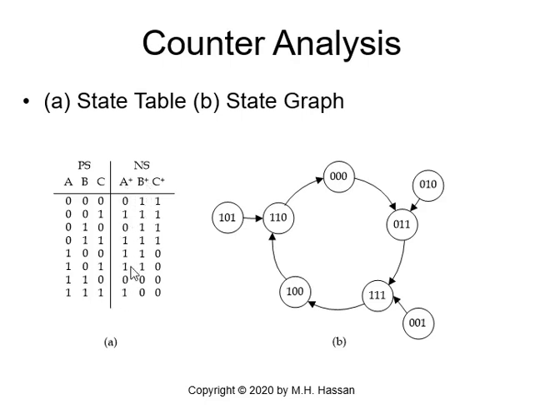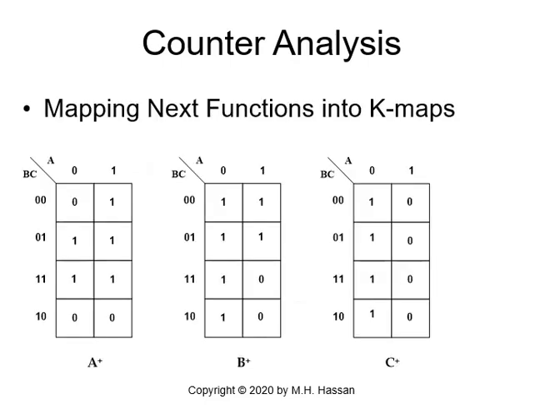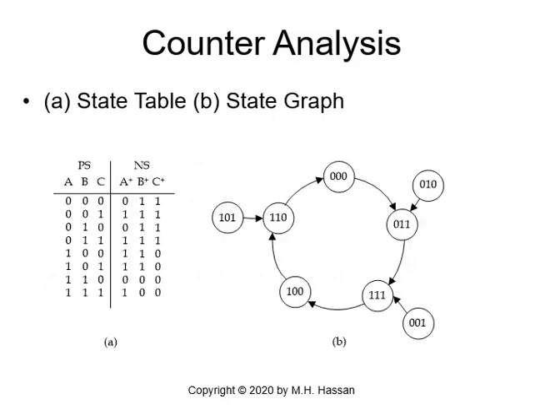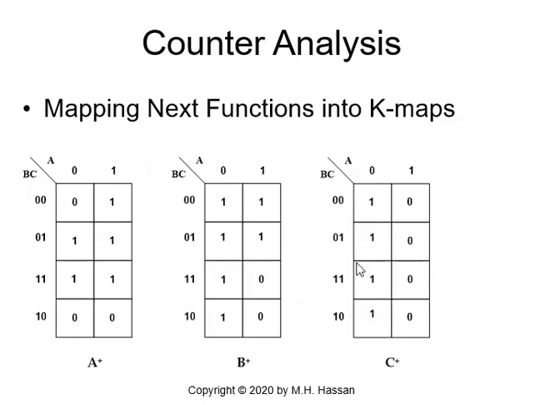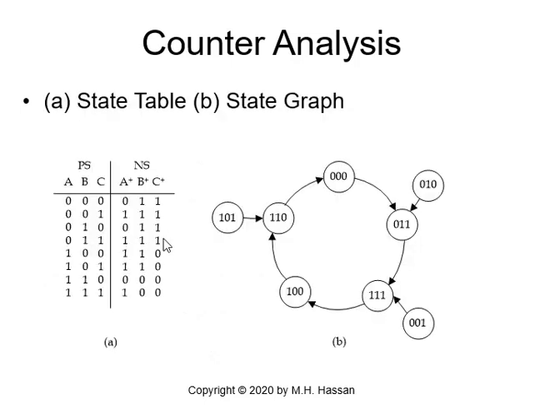Next to it, I put the B plus, which comes from 1, 1, 1, 1, 1, 1, 0, 0. Then we read the C plus: 1, 1, 1, 1, 0, 0, 0, 0.